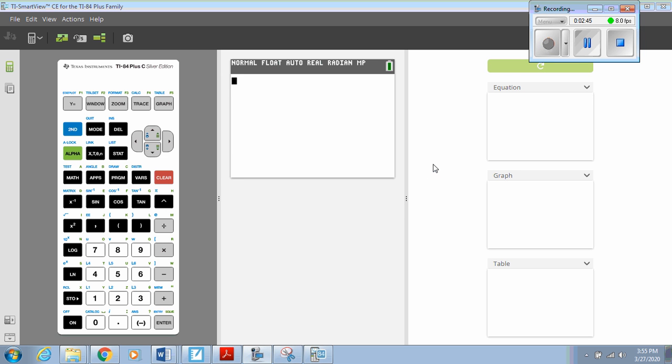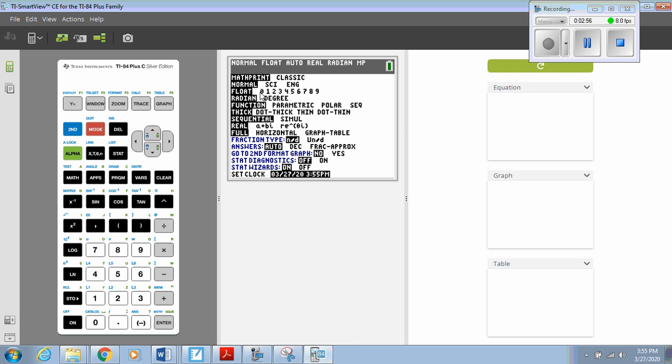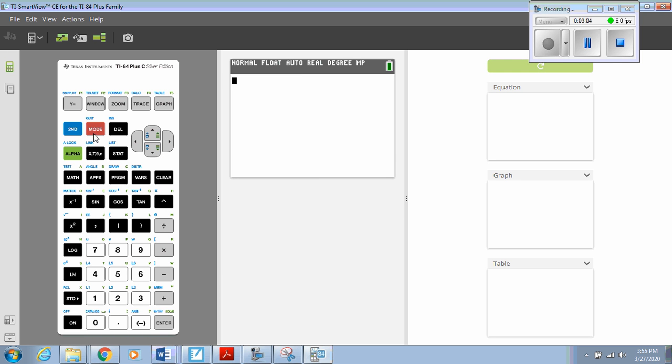Okay, so here's your calculator. And if you're using a TI-83, it'll still be the same process. So we're going to hit second mode. And that's going to give us this screen here. We're going to go down to radians and over to degrees and hit enter. And now we are in degree mode.